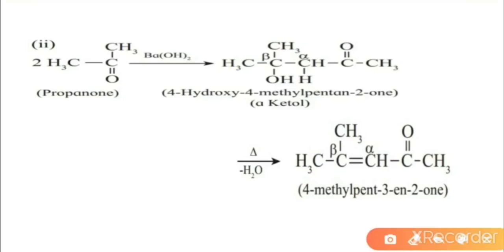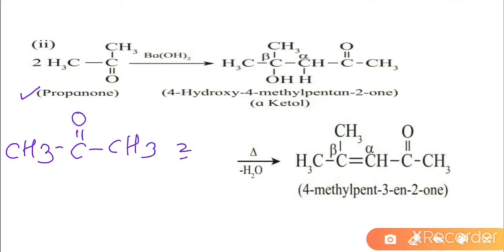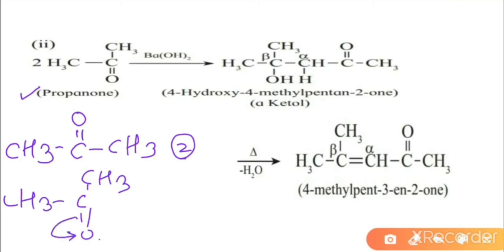Consider an example of a ketone, propanone or acetone. See the reaction. This is the second ketone molecule. This is the first ketone molecule. Migration of pi electron towards oxygen, it becomes negative. Carbon becomes positive.